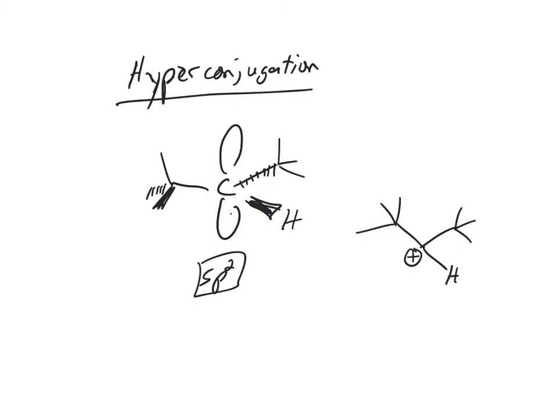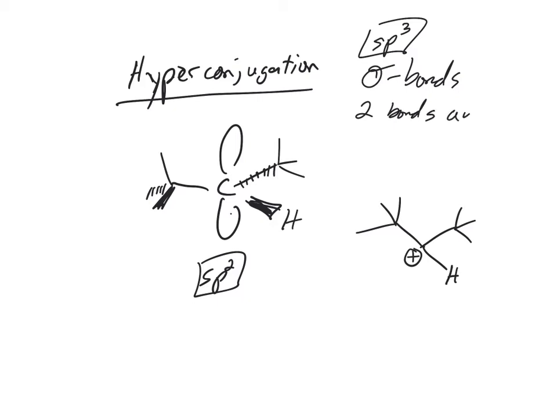Now, essentially, way to think about this, so we have this empty p orbital and 2 bonds away, right? We talked about this. This is all about sigma bonds, 2 bonds away. And I'm going to add another caveat, sp3 hybridized sigma bonds, 2 bonds away.